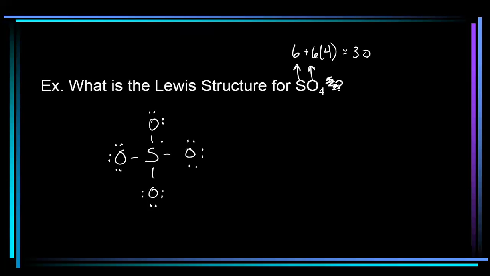Okay, so we've got a problem right here. We're missing 2 electrons. Before we left on snowpocalypse, winter break part 2, we talked about the fact that when you run out of electrons and somebody is not happy, you can share.